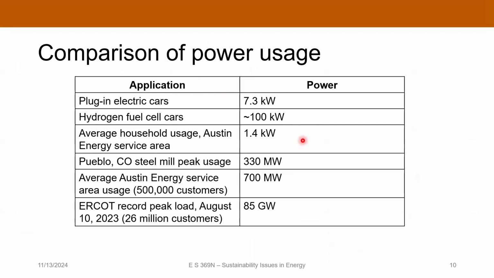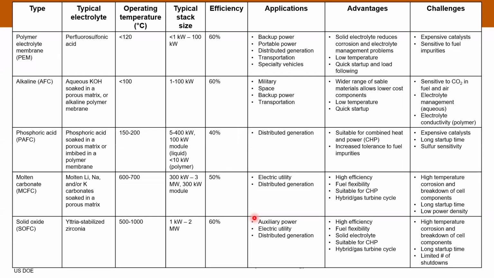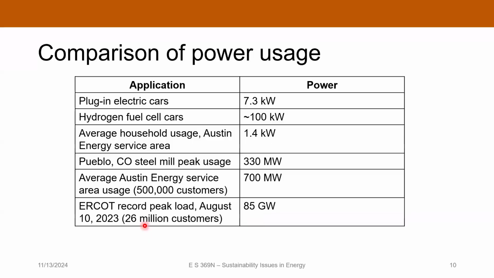But if you start thinking about powering, for example, a steel mill, you're at hundreds of megawatts. Same thing with utility scale: Austin Energy, on average, 700 megawatts. And then the whole ERCOT grid back in August of 2023, 85 gigawatts. So scaling up fuel cells to meet that kind of demand is still a bit of a challenge, but we may see more of this in the future.